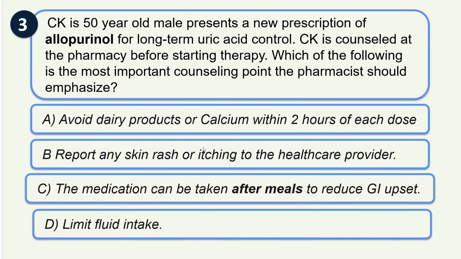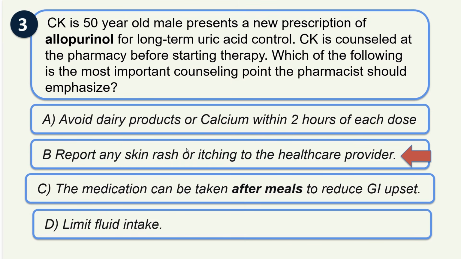As usual, many questions look like more than one answer is correct, but you have to select only one best answer. That's the trick of the board exams. Here, the best answer is to report skin rash and itching to the healthcare provider.